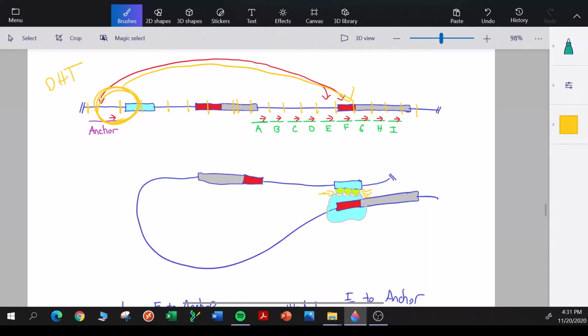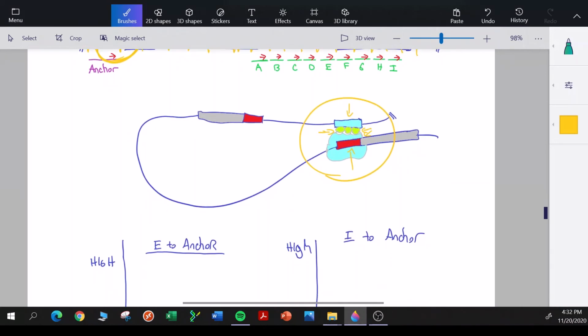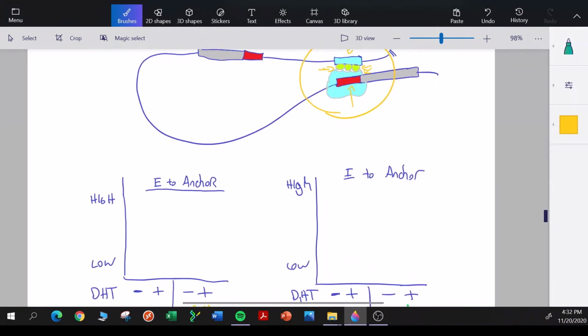We have mediator mediating the interactions between the enhancer and the promoter. And we have the KLK3 enhancer close to the KLK2 promoter. And now we have evidence from the 3C assay showing that, yes, this indeed does happen in the cell when the cell is exposed to DHT. So now they did another experiment.